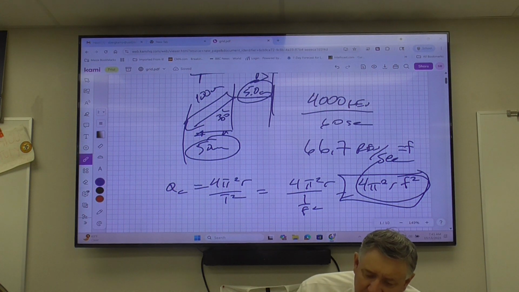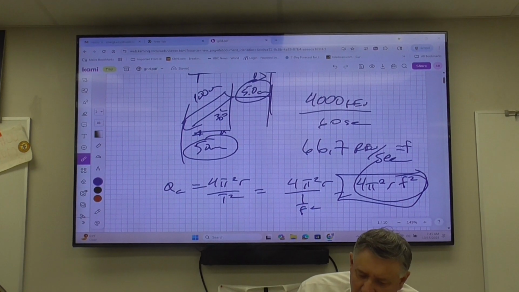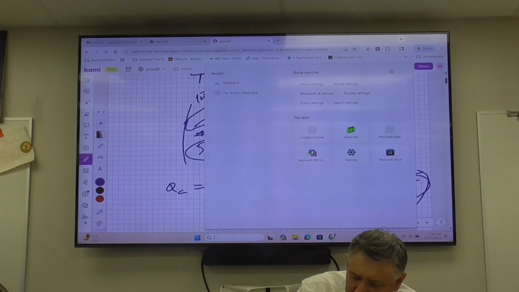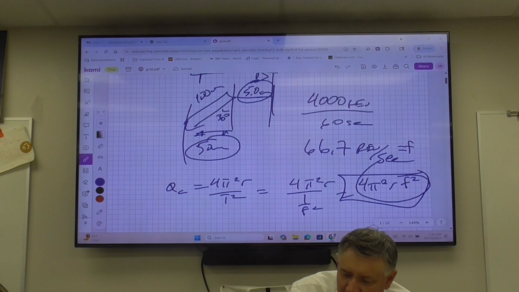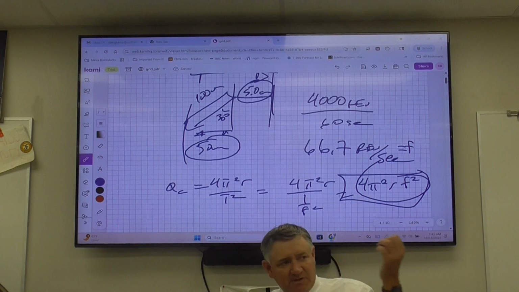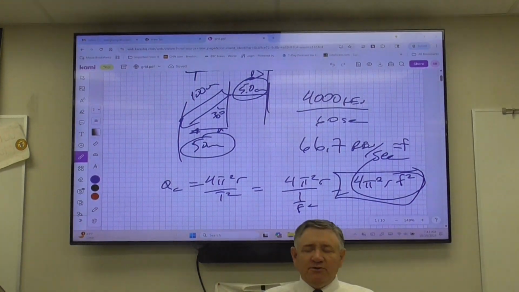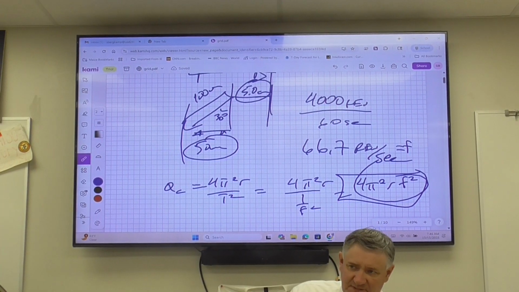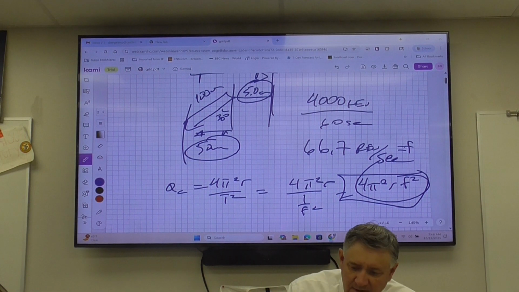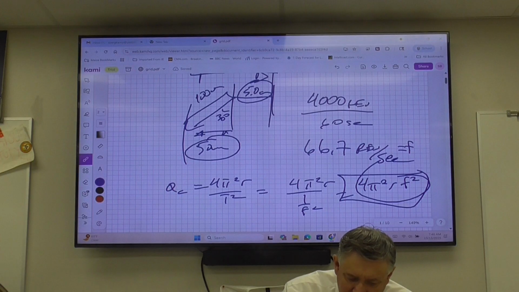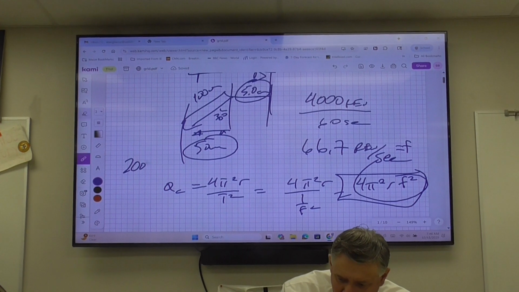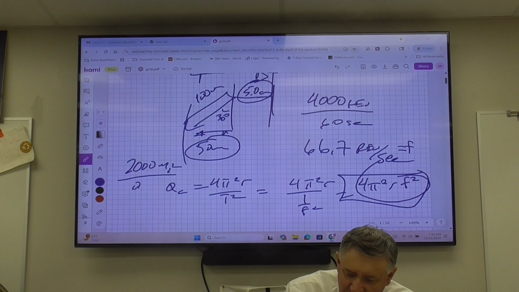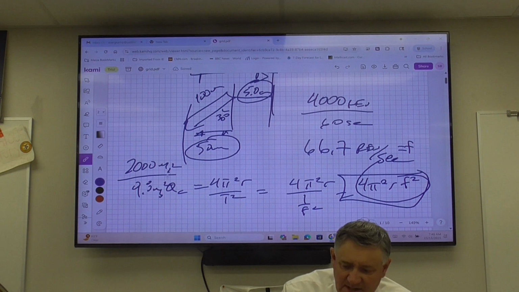Now, on B, you want to figure out how many G's you're pulling. This is what we talked about yesterday. To get G's, and this is something you have to be able to do on the lab today, you take whatever that centripetal acceleration is, 2,000 meters per second squared or whatever, and divide it by 9.8 meters per second squared.